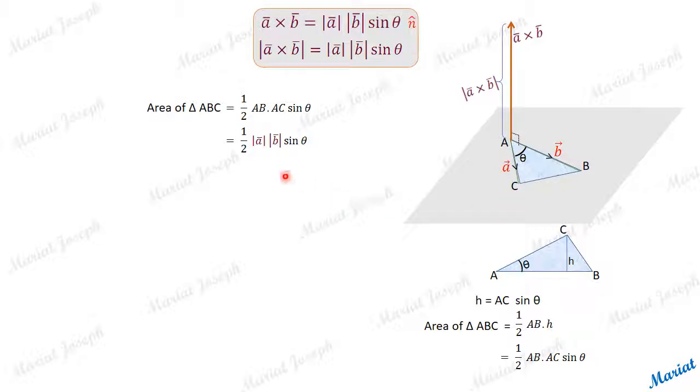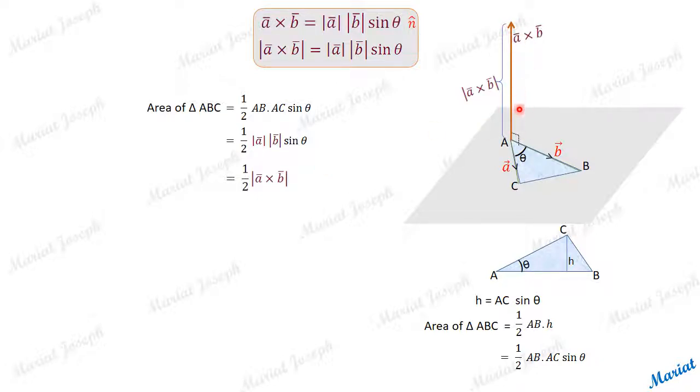So we have half into magnitude of A, magnitude of B sin theta. This part is nothing but the magnitude of A cross B vector. So we can write it as area of the triangle is half of magnitude of A cross B vector.